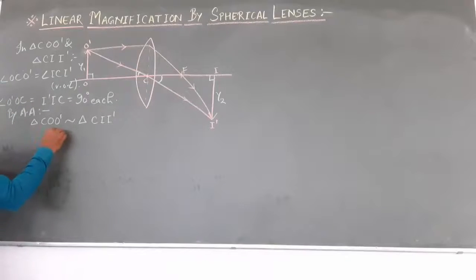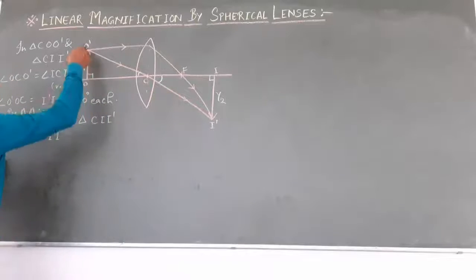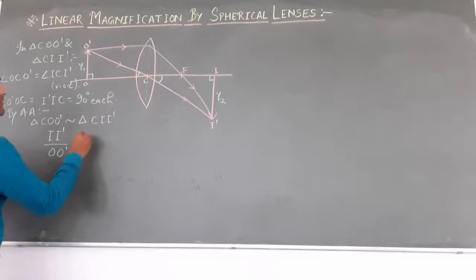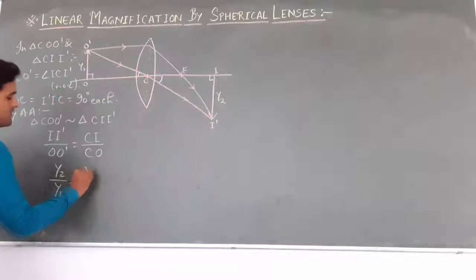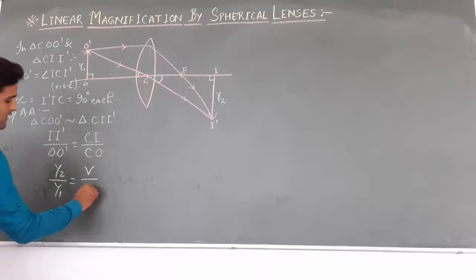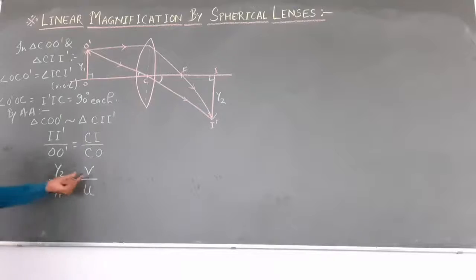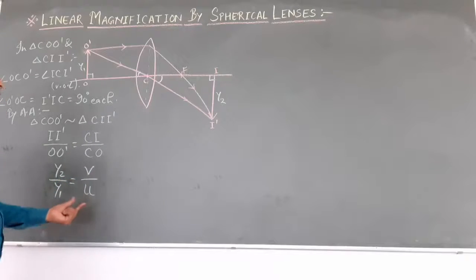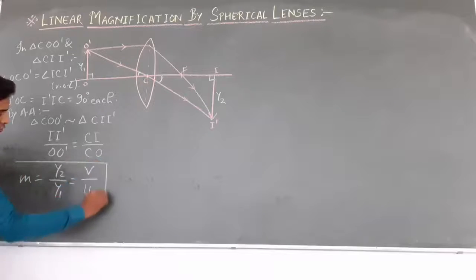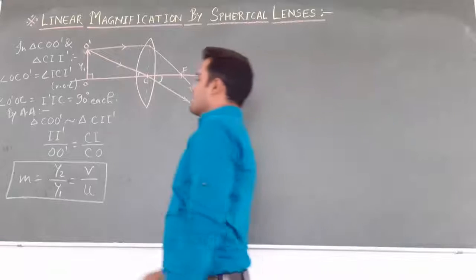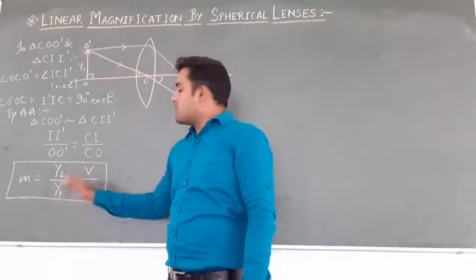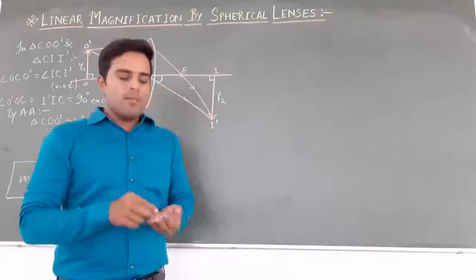So you can write I dash, in this triangle this side is corresponding to OO dash, is equal to CI upon CO. I have considered Y, so Y2 upon Y1, and CI, the distance of the image, is always written as V, and the distance of the object is generally taken as U. So V upon U. The ratio of the size of the image to the size of the object is known as the linear magnification, that is M. So this is our required relation: M is equal to Y2 upon Y1, equal to V upon U. That means the linear magnification produced is equal to the size of the image to the size of the object, or the distance of the image to the distance of the object.